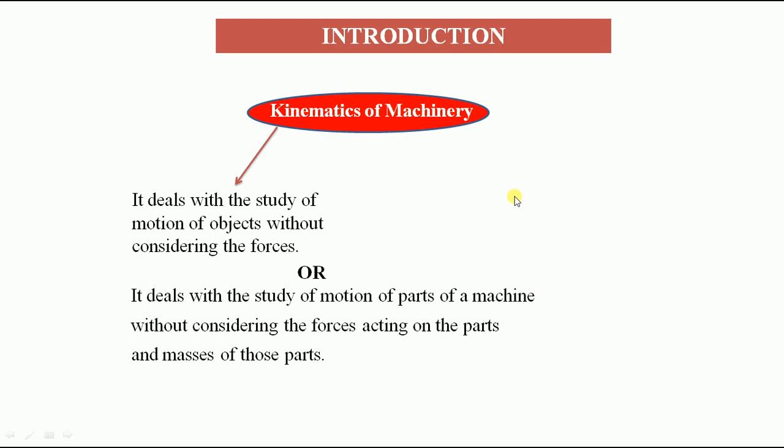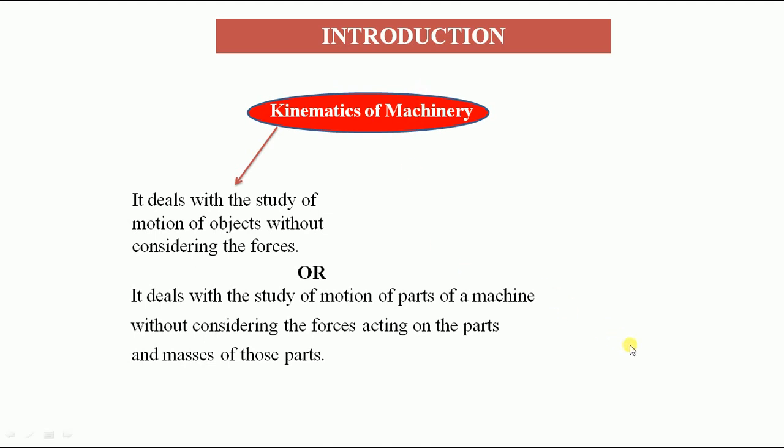We study the motion characteristics of the parts of a machine without considering the forces and the masses of those parts. Forces means whenever you fix one part to another part, automatically it can experience force from the next link. When you study kinematics, that force we need to neglect, and at the same time that part can also have a particular mass. That mass also we need to neglect. Except that we need to study the motion characteristics, then only can it be called kinematics of machinery.